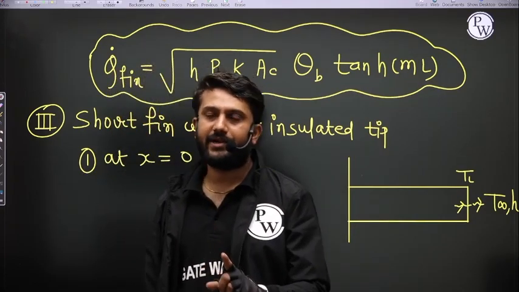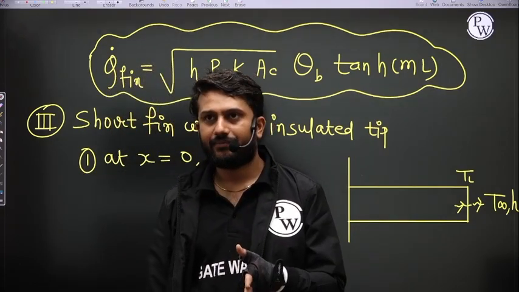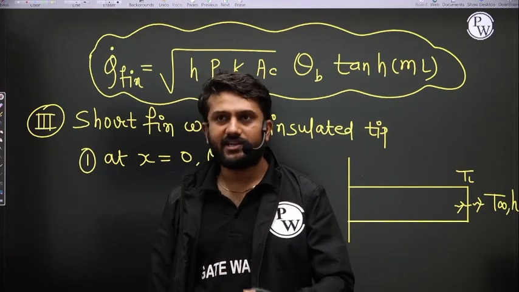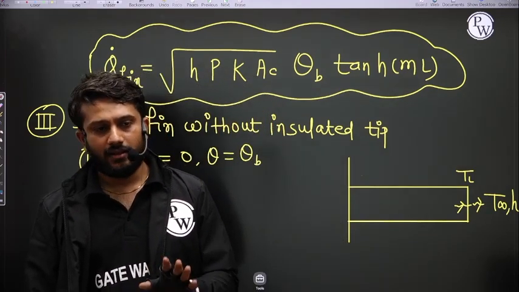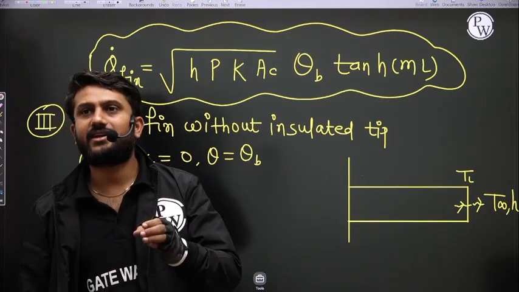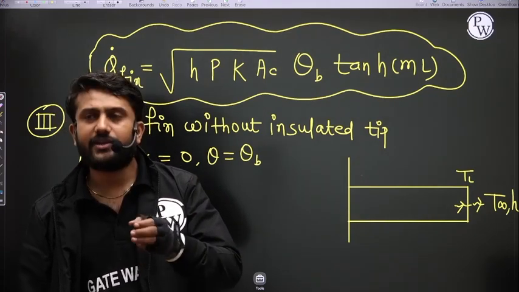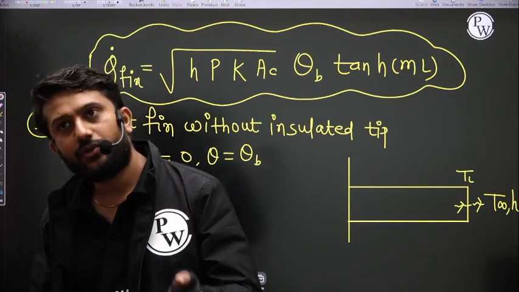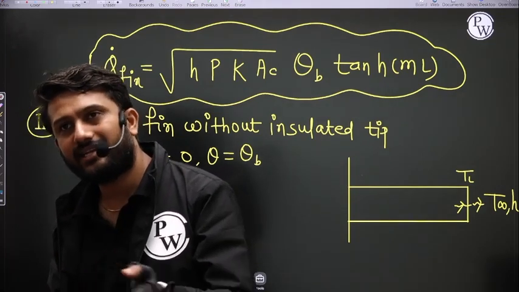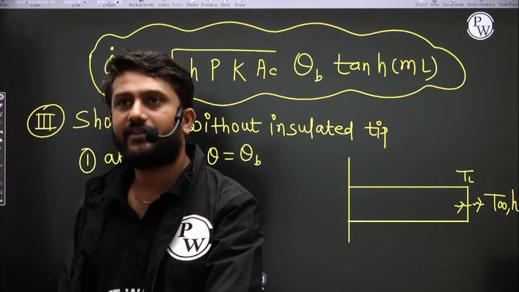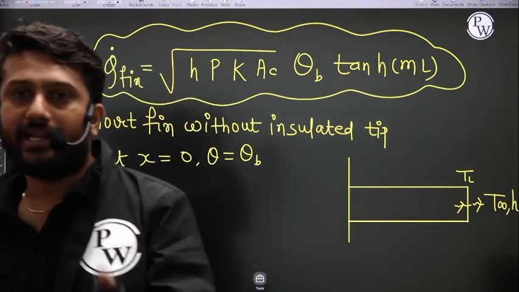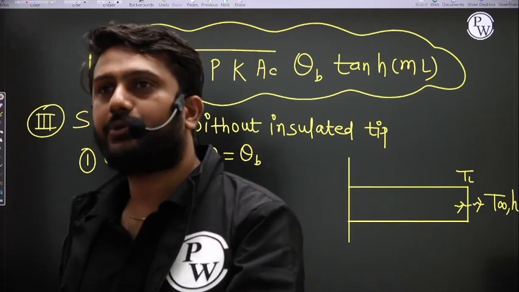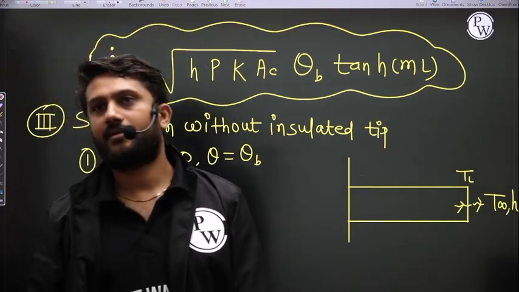Again I am repeating: at x is equal to L, inside the fin conduction heat transfer is there, and the same rate of conduction heat transfer is going outside via convection. So at x is equal to L, can I write the rate of conduction heat transfer is equal to the rate of convection heat transfer?